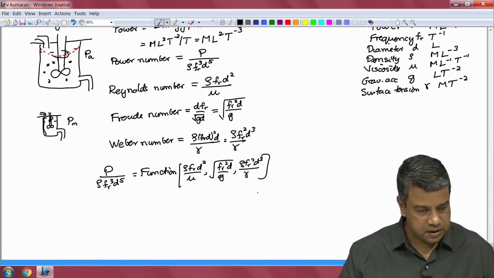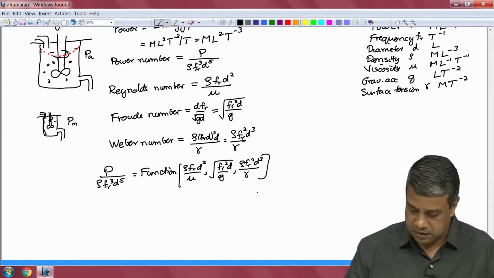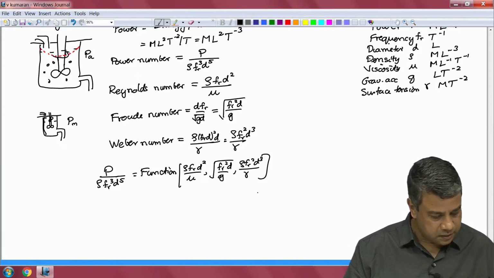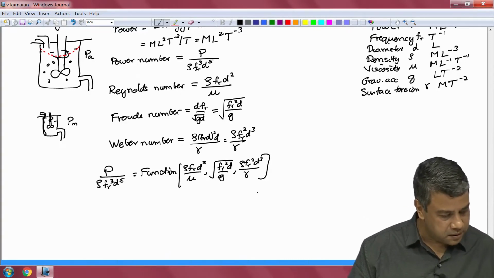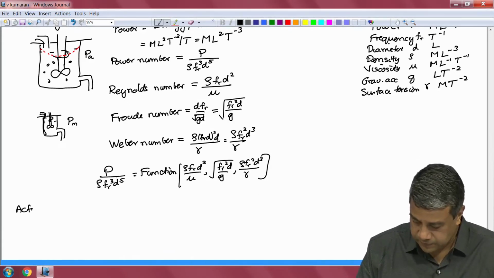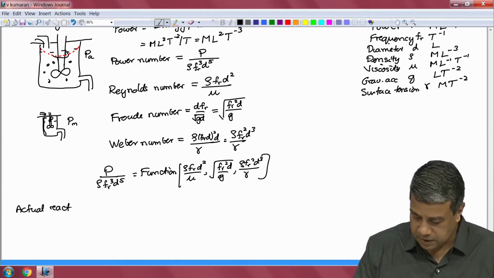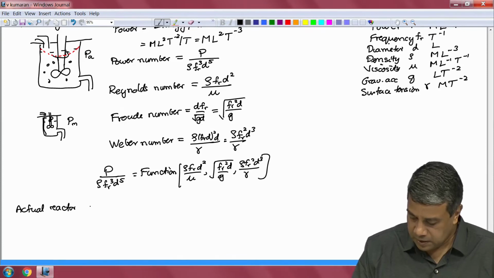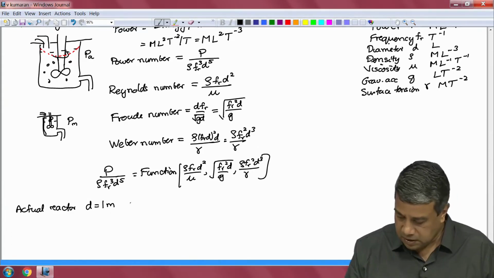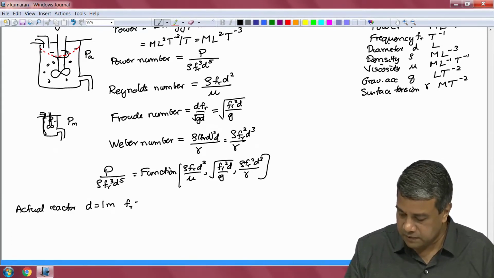The example is that I have an impeller for mixing a fluid, with conditions. In the actual reactor, I take d is equal to 1 meter. So, I actually want to design a reactor with 1 meter diameter, and the frequency of revolution is equal to 1 revolution per second.